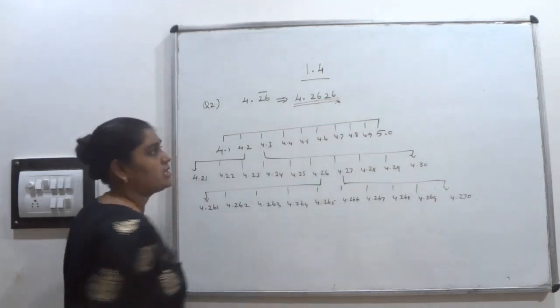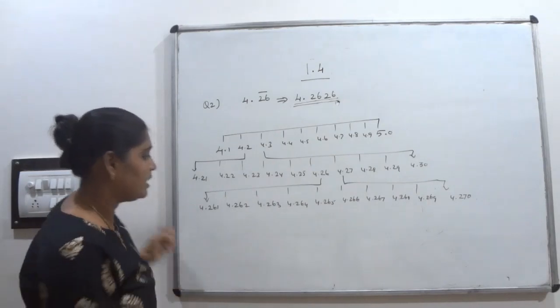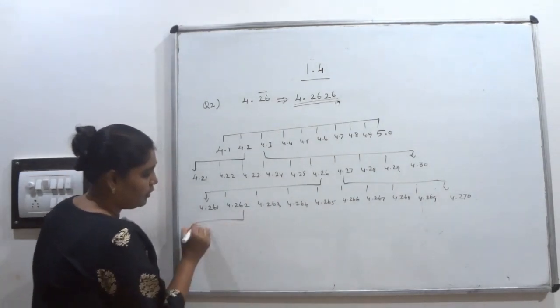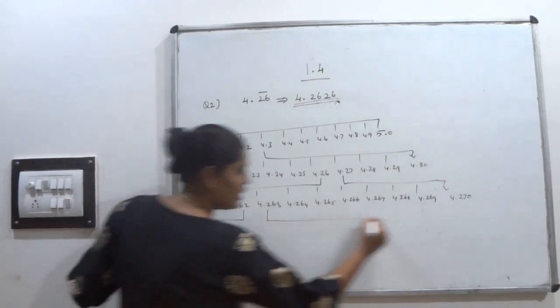Fourth decimal place, that is 4.2626. 4.2626 will lie between 4.262 and 4.263.